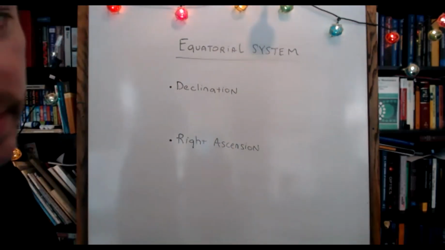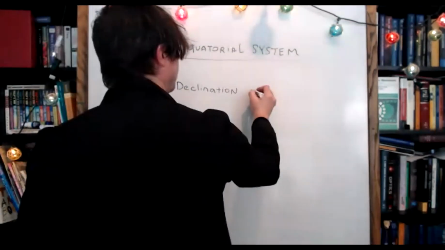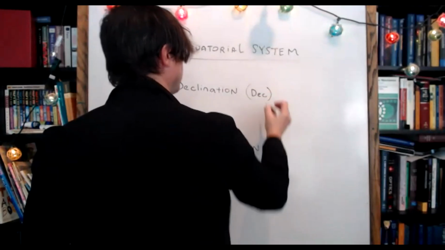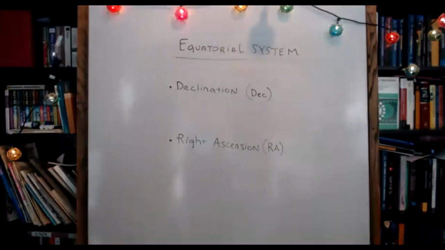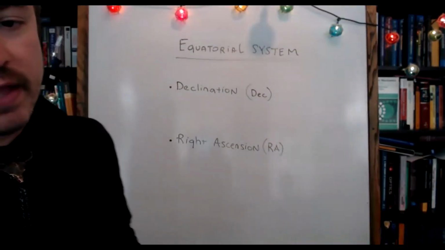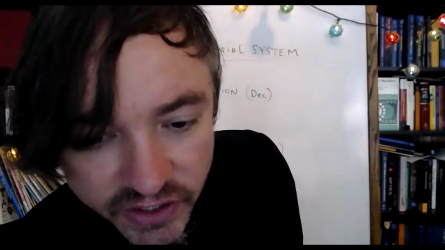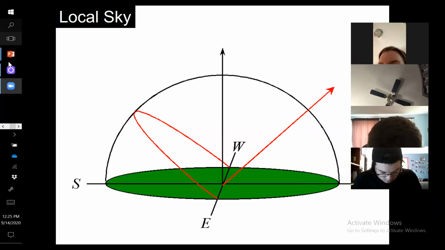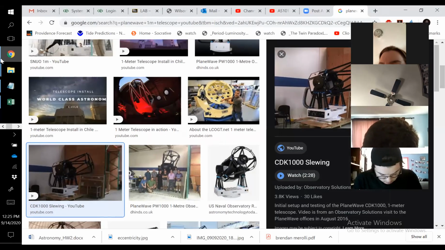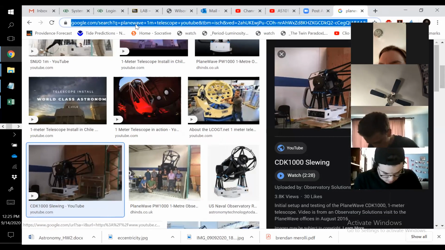Usually astronomers abbreviate them as dec and RA. That's how people usually talk about these coordinates. I'm going to do something a little weird. I'm going to try to show you what declination and right ascension look like before I define them.